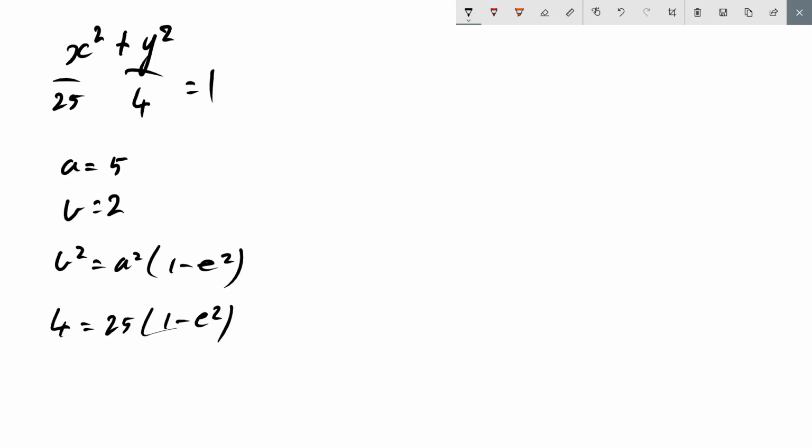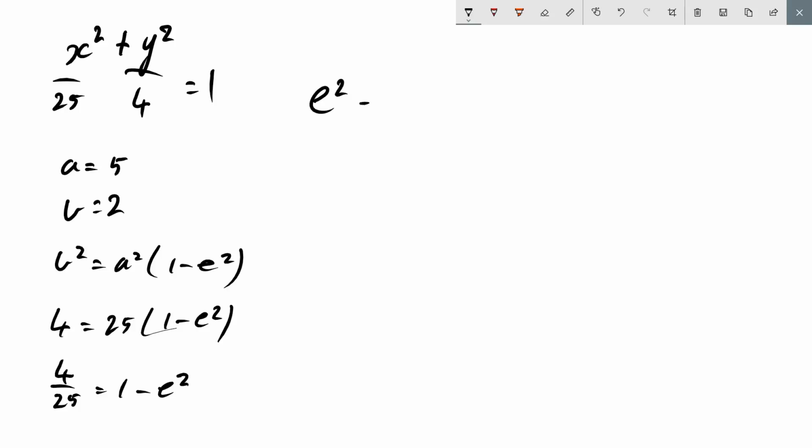Divide by 25, 4 over 25 equals 1 minus e squared. We can swap e squared with 4 over 25, just to get e squared as the subject.